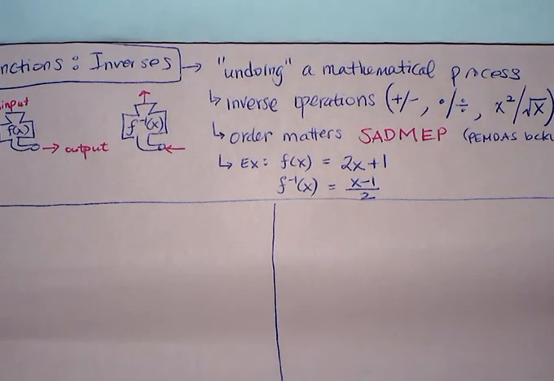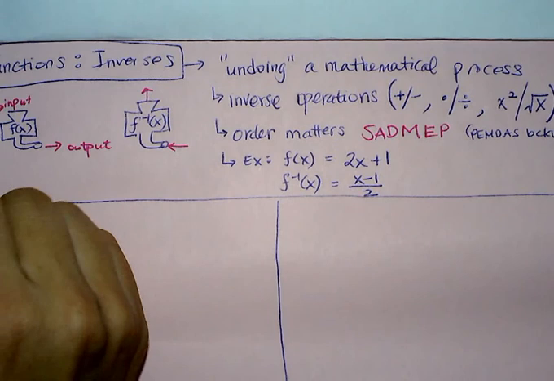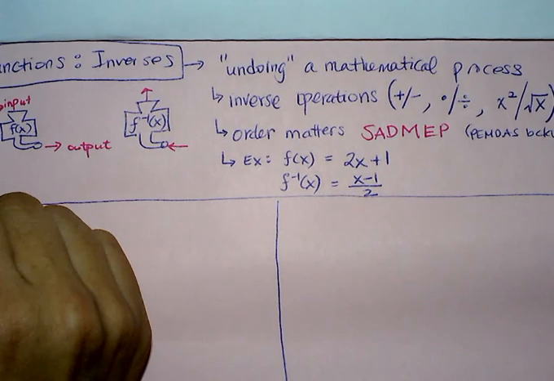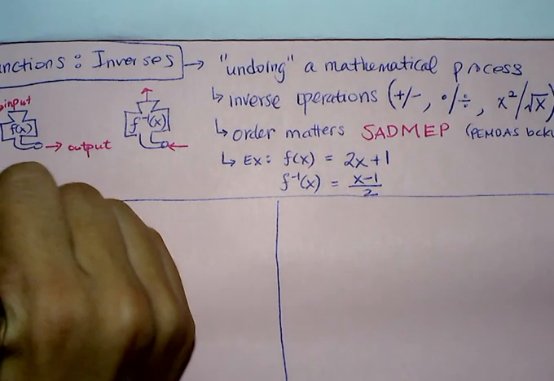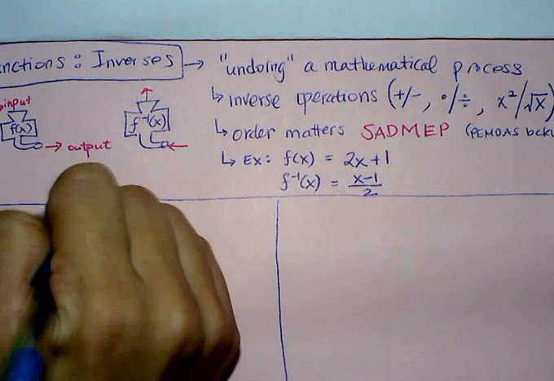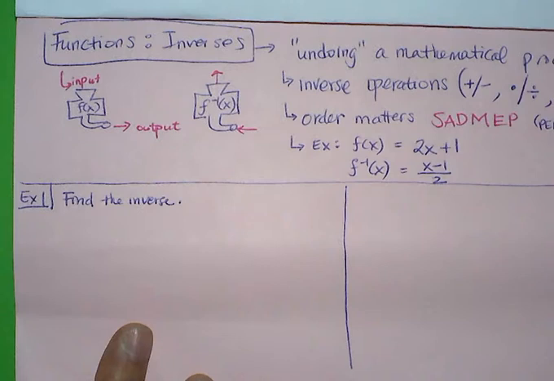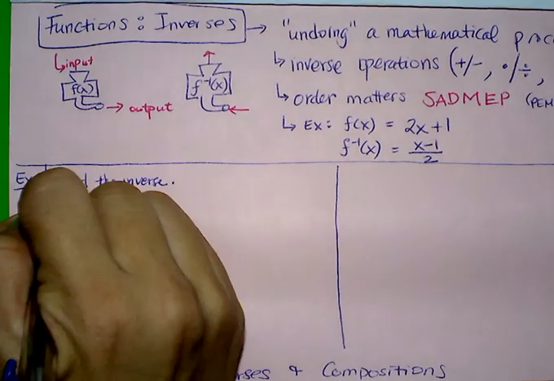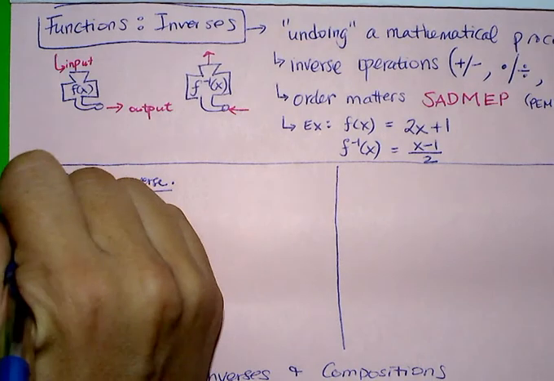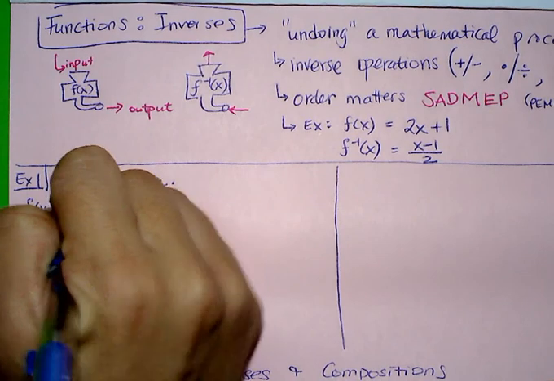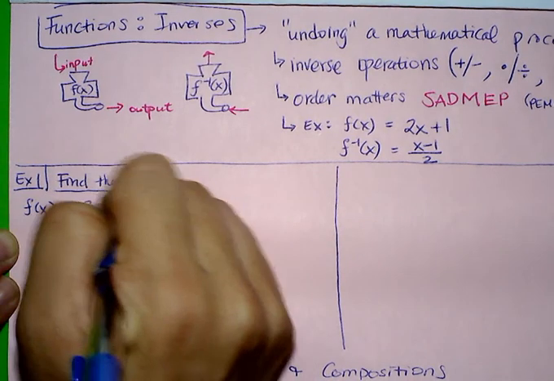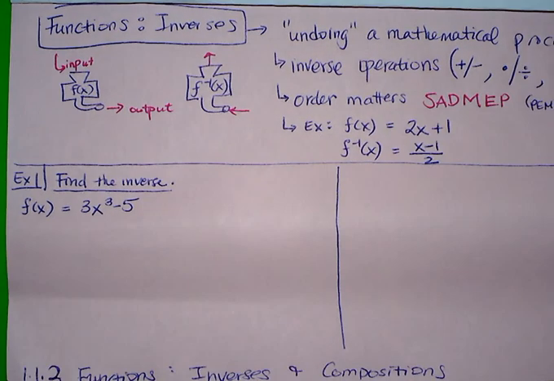The first example, I'm going to ask you to find the inverse. That's the direction. Find the inverse. Here's my function: f of x equals 3x cubed minus 5.